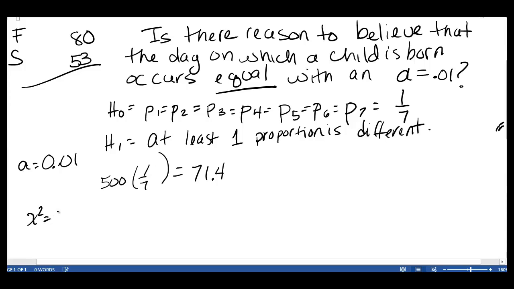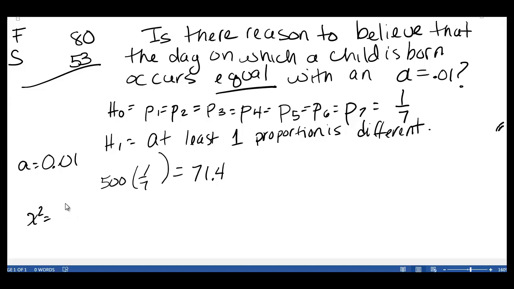So we need to talk about finding our test statistic, chi-squared. To find our test statistic, we have to do the summation of the frequency minus the expected, squared, divided by the expected.